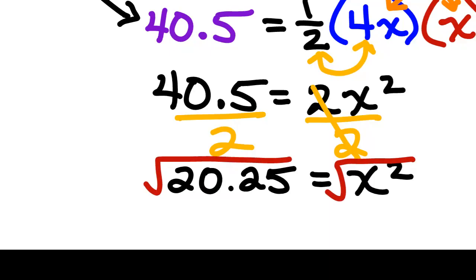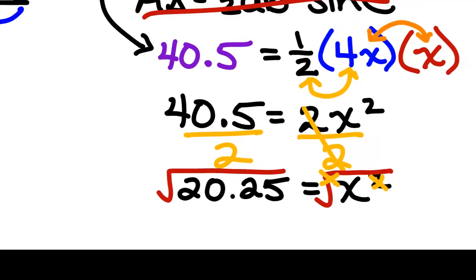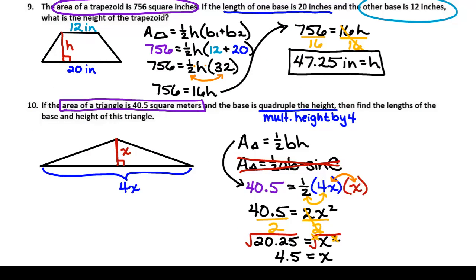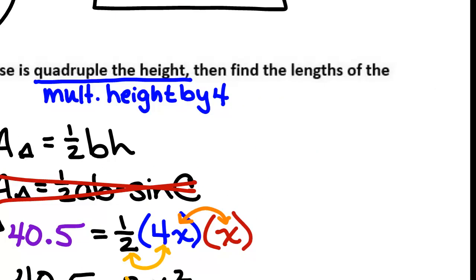The squared and the square root cancel out on the right. What is the square root of 20.25? 4.5 equals x. And what was x representing in this picture? The height. So the height is 4.5.